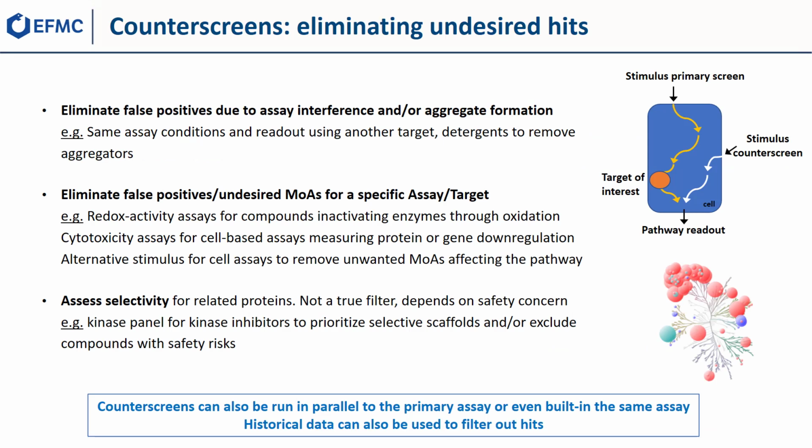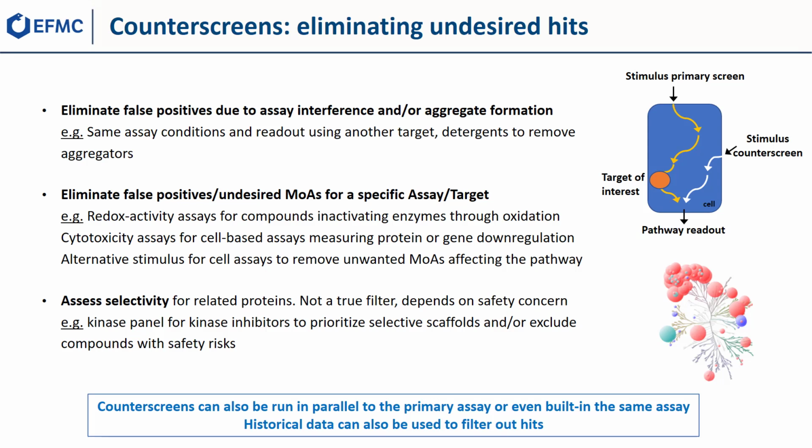Okay, let's now go into the assays. This slide explains a little bit the concept of the counterscreen, which is used to eliminate false positives. This can be done because you want to eliminate false positives due to assay interference and, as mentioned before, aggregate formation. There you can, for example, use the same assay conditions and the same readout, but using another target.